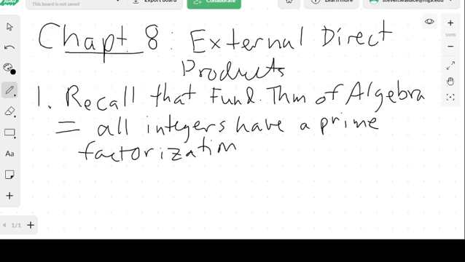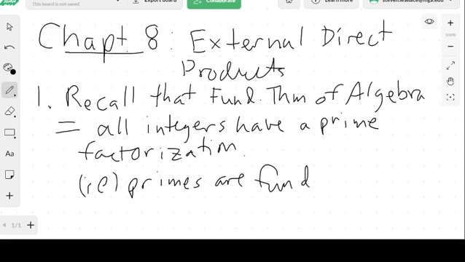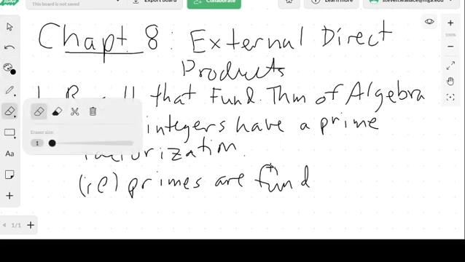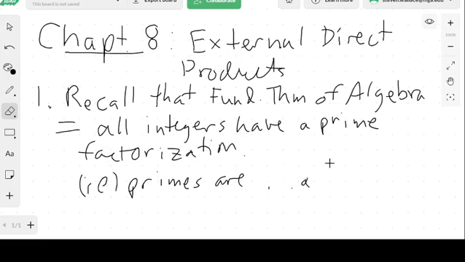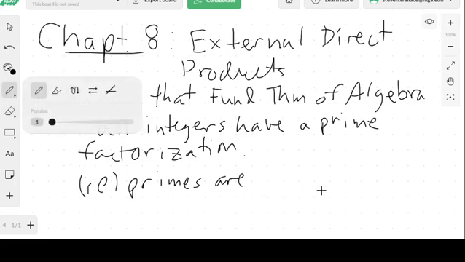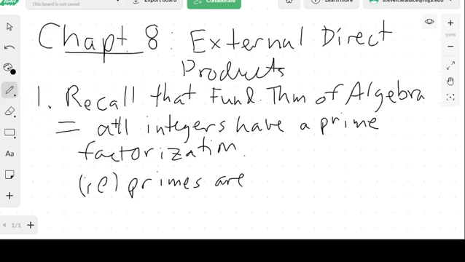So essentially, prime numbers are the fundamental parts of an integer.